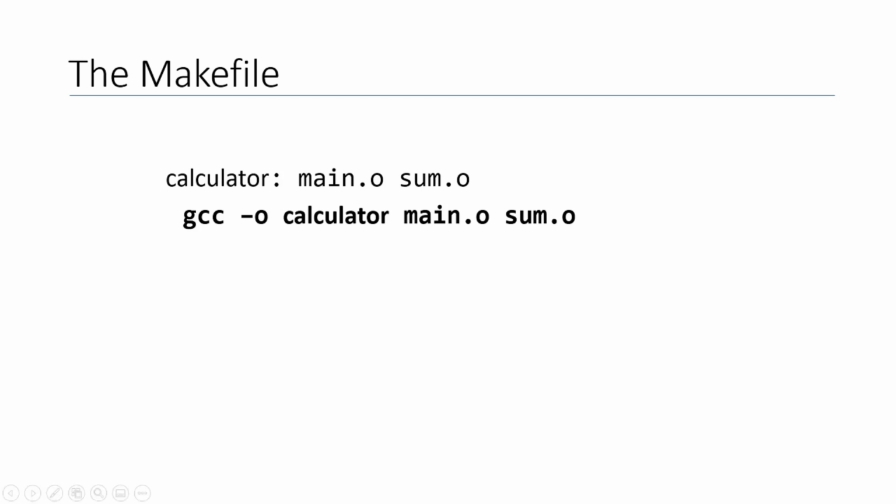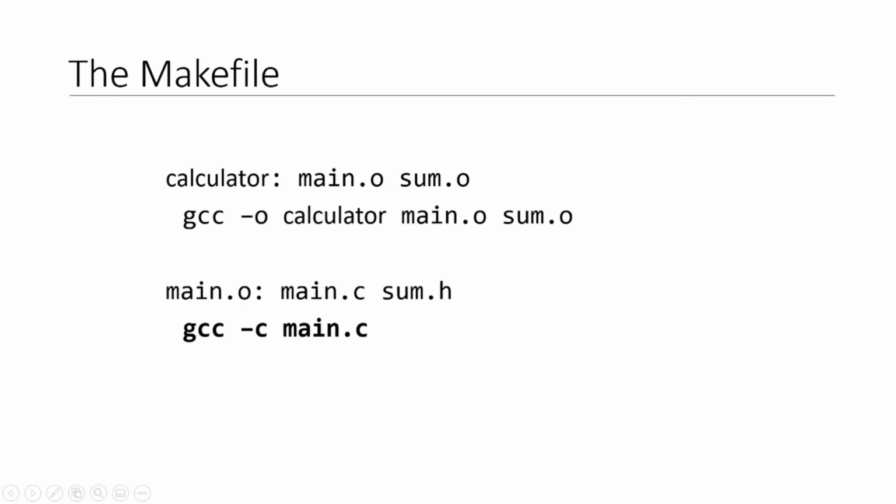So first you define the name calculator and its two objects, and then below it you just define the command that will be executed. Then below it you define how that main.o that you defined above is going to be compiled and its dependent files.